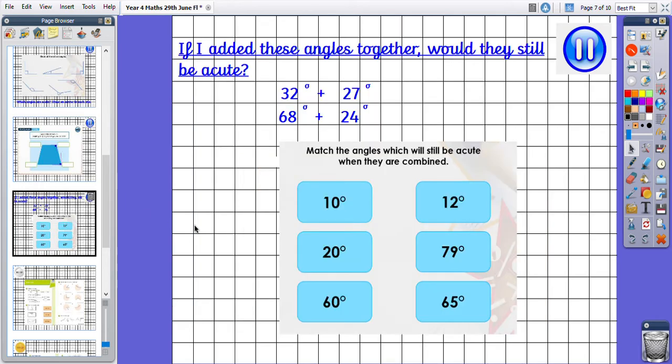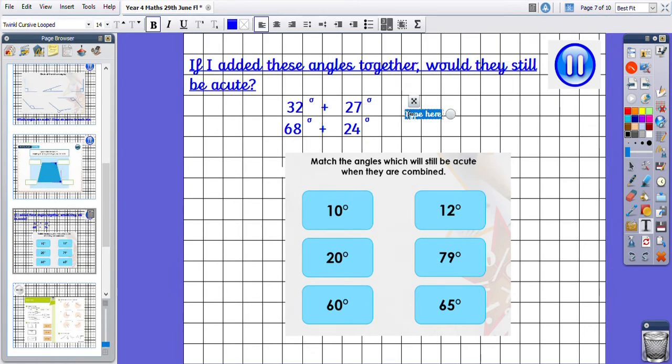Okay, and our last task. If I added these angles together, would they still be acute? So if I added 32 and 27 together, would it still be an acute angle? 32 add 27 would equal what, and would that be less than 90 degrees? And the same with the second one here, 68 add 24.